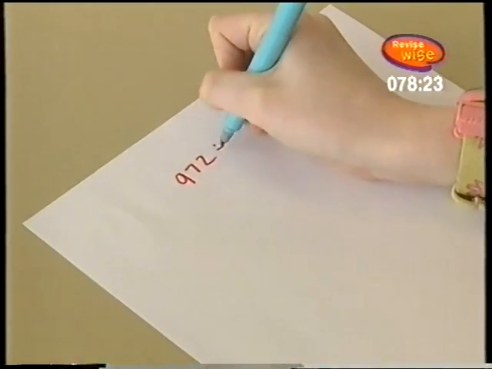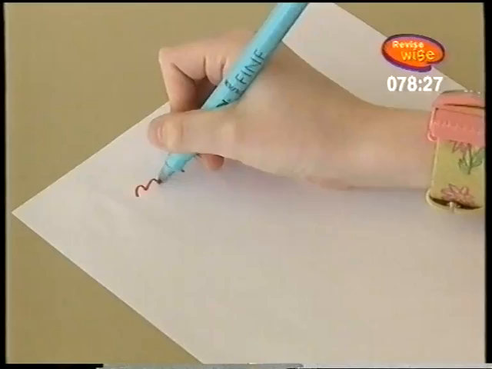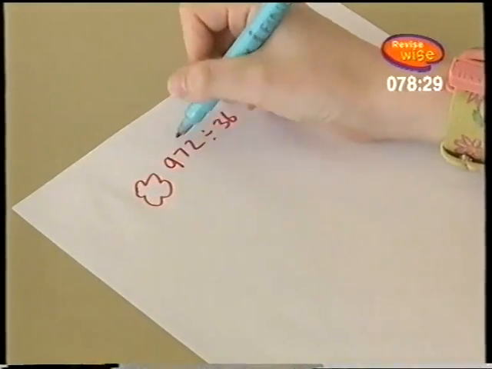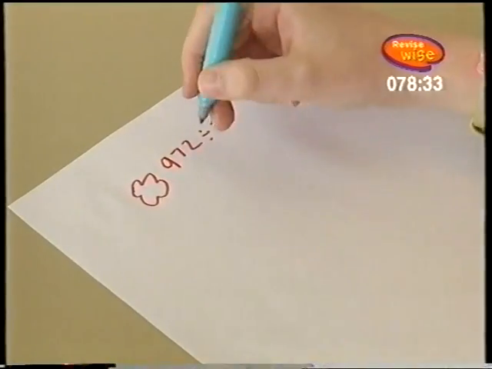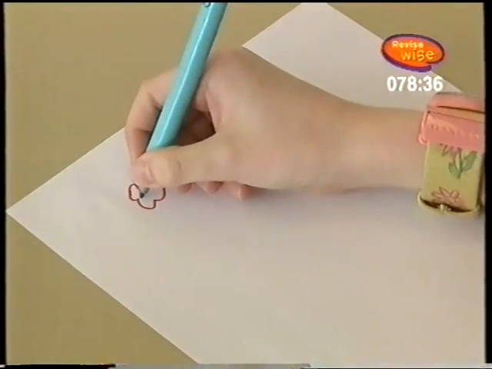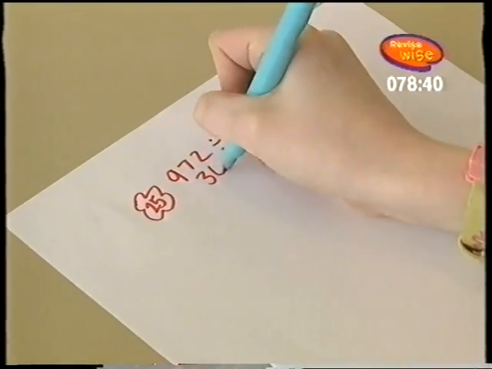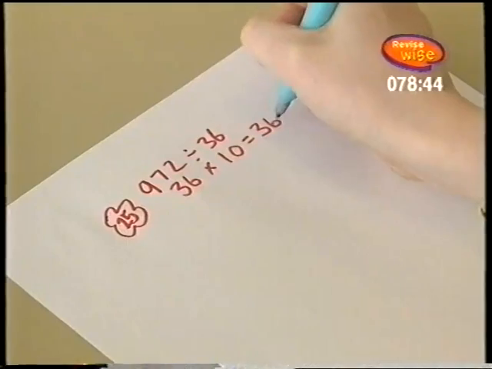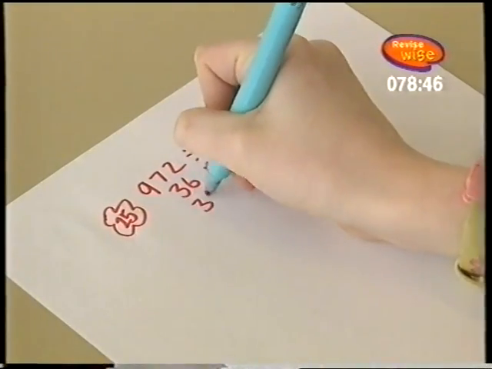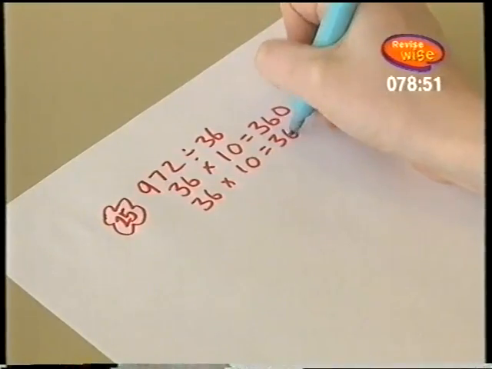This is how I would work out 972 divided by 36. First I would make an estimate: I would make 972 into 1,000, make 36 into 40, and 1,000 divided by 40 is 25. So then I would do 36 times 10 equals 360. Then 36 times 10 again, which equals the same.